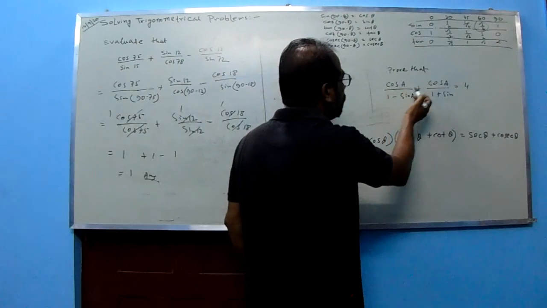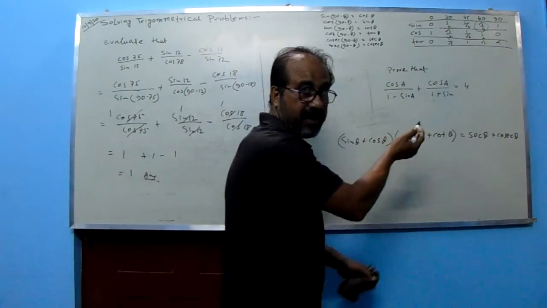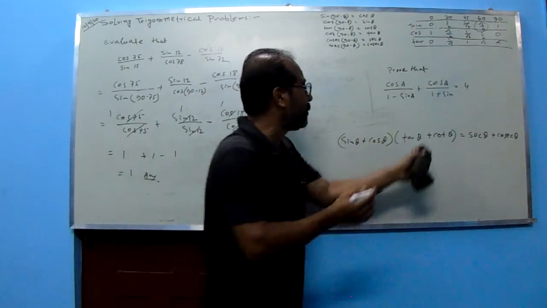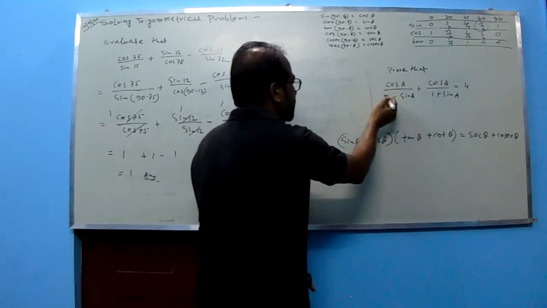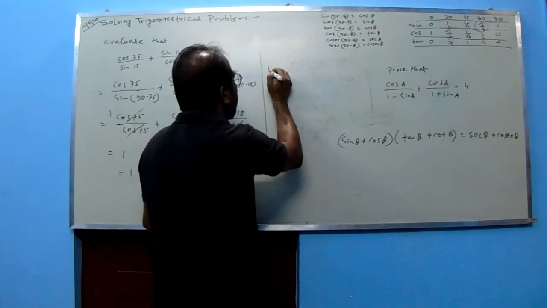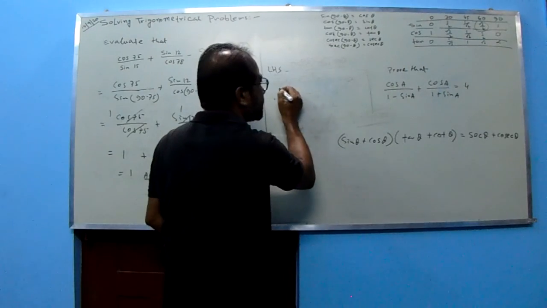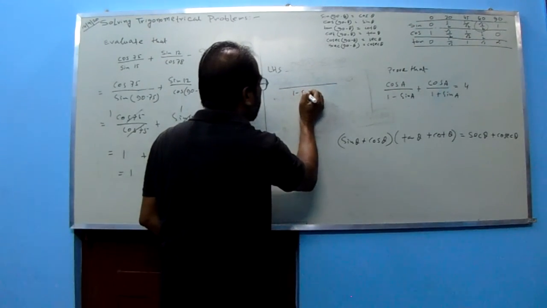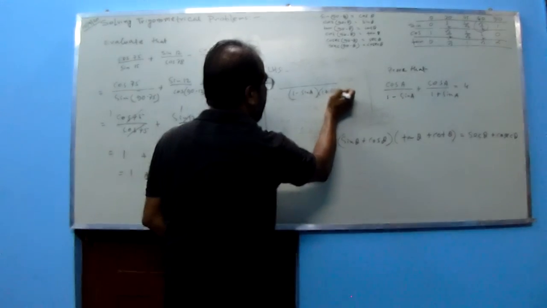Again, prove that cos A by 1 minus sin A plus cos A by 1 plus sin A equal to 4. So LHS I am doing here. LHS: cos A by 1 plus sin A, straight away the LCM to be taken as 1 minus sin A into 1 plus sin A, right?